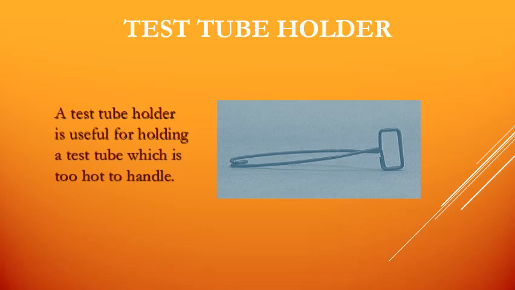Sometimes we also use a test tube holder when we are pouring strong acids or highly concentrated acids in the test tube. You will be drawing the diagram of a test tube, but not that of a test tube holder in your copy. You don't need to draw a test tube holder in the copy.